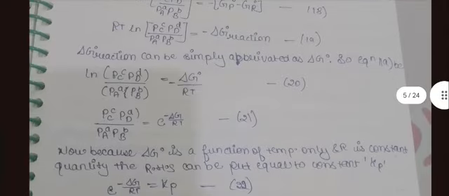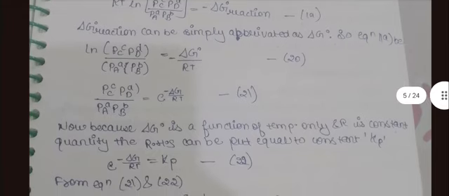RT ln Pc^c Pd^d by Pa^a Pb^b is equal to minus Gp naught minus Gr naught, so RT ln Pc power c, Pd power d, by Pa power a, Pb power b, is equal to minus del G naught reaction.